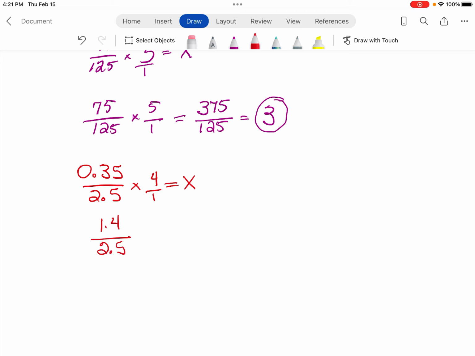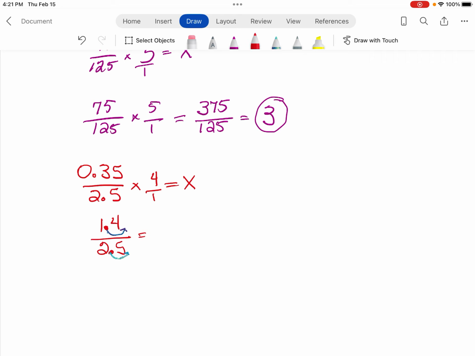If you want to do this by hand, then to divide by decimals, I need to make the denominator a whole number. So if I move the denominator one place to the left, I have to move the numerator one place to the left.